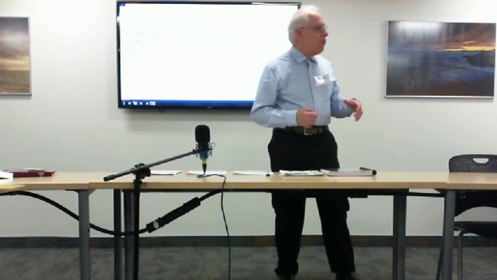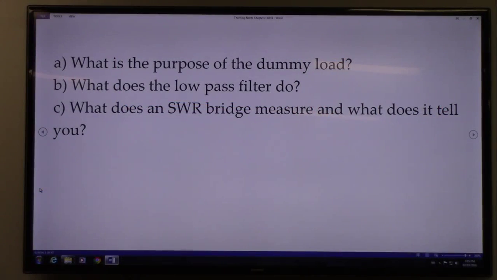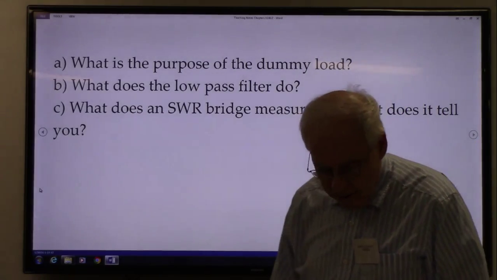Okay. So rather than doing that, you transmit into the dummy load, which is a 50 ohm resistance, so there's no interference while you're tuning up. But as I say, nowadays you can tune up with just, I'll show you on the rig, you just push it and in 2 microseconds it's tuned. Okay?